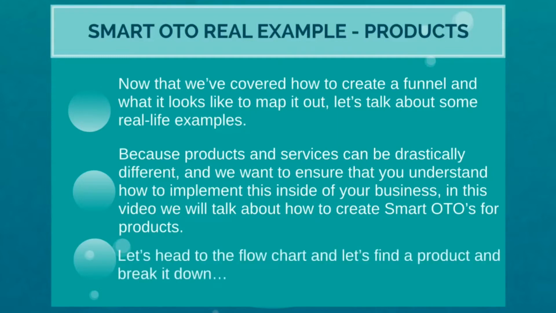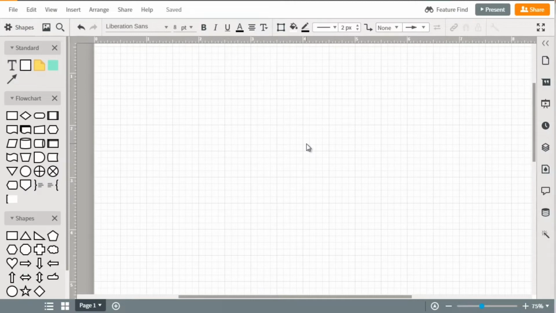So let's head over to the flowchart system again, and let's find a product and break it down in relation to products. Before we map out a product funnel, what I want to say is that you do not really need to have products throughout your funnel, meaning you could have a mixture of different varieties of products, of information products to better educate people about your product and more.